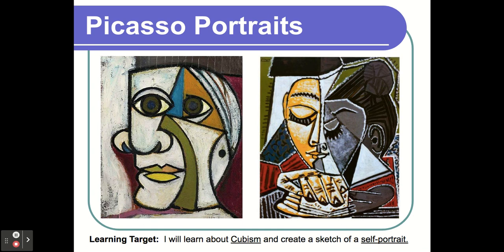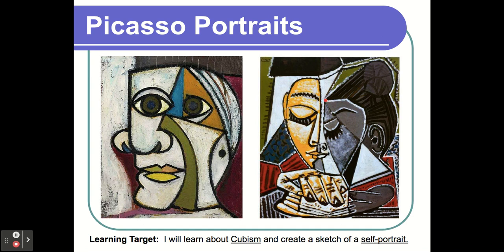What do we notice when we look at these? One thing I start to notice is that there are all these different lines, a lot of them straight, some of them curved, but they really start to break up the space that we are looking at. So one thing Cubists were trying to do was sort of look at things from different angles all at once.